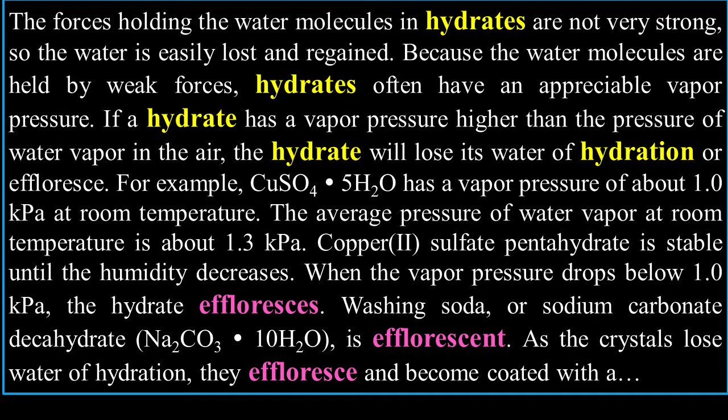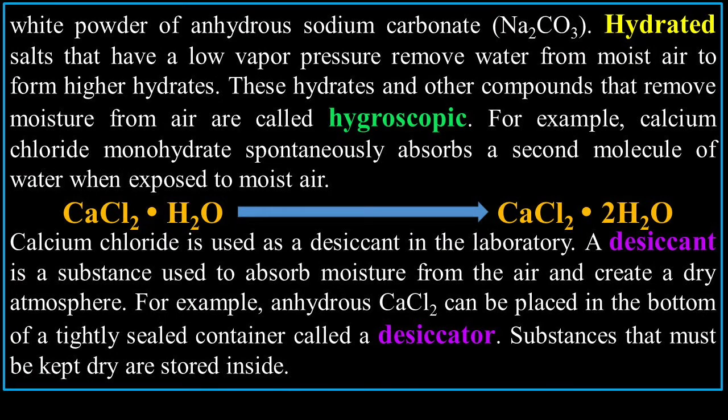As the crystals lose water of hydration, they effloresce and become coated with a white powder of anhydrous sodium carbonate, that's Na2CO3. Hydrated salts that have a low vapor pressure remove water from moist air to form higher hydrates.